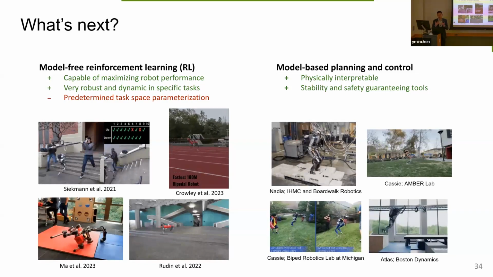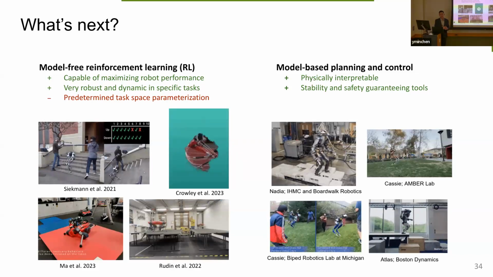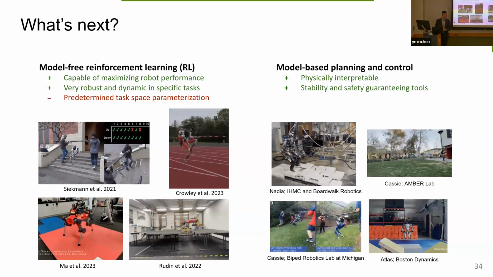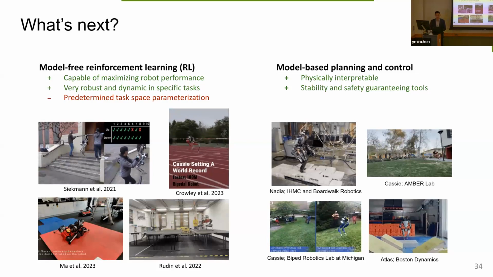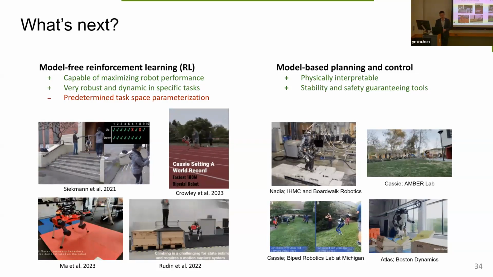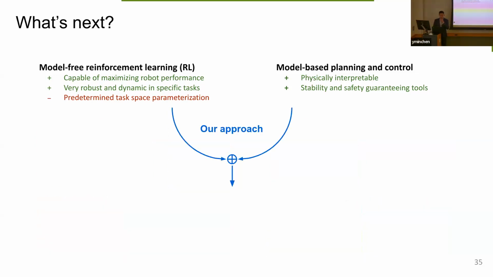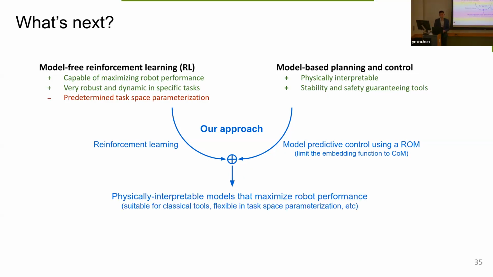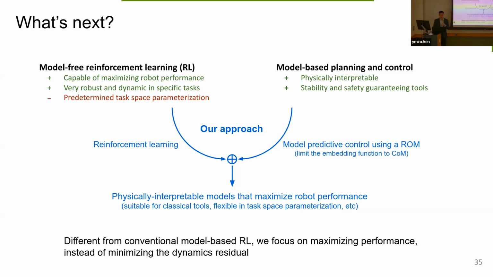Right, with the model-based approach, we have a model, we can interpret it, and we can apply classical tools to guarantee the safety and stability. So in our last chapter, we actually did this already. We combined model predictive control with reinforcement learning to derive a physically interpretable model that maximizes the performance. But we think there's still much more to explore here.